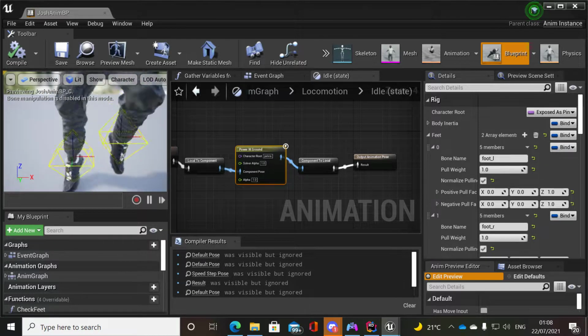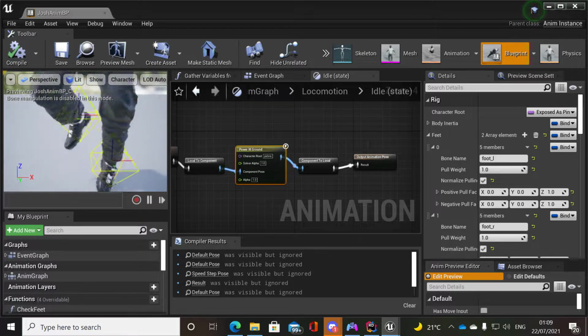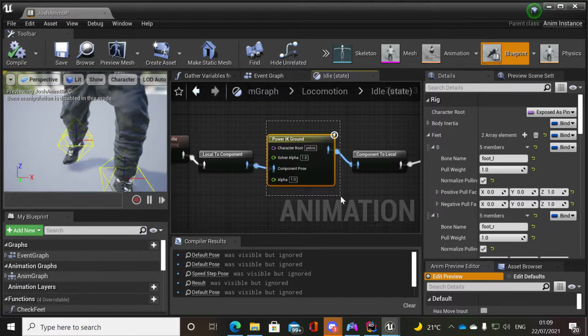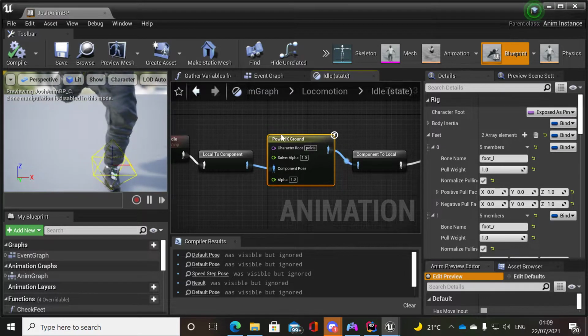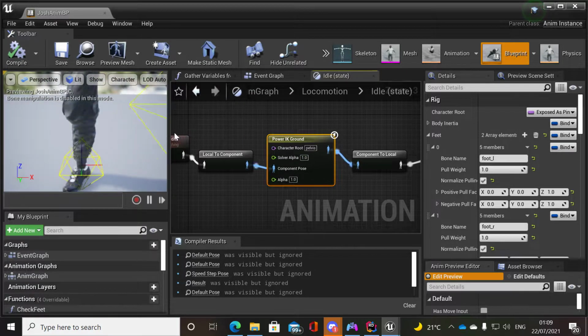I think, do you know what it might be? This node only does the IK when the foot is on the ground, if that makes sense.